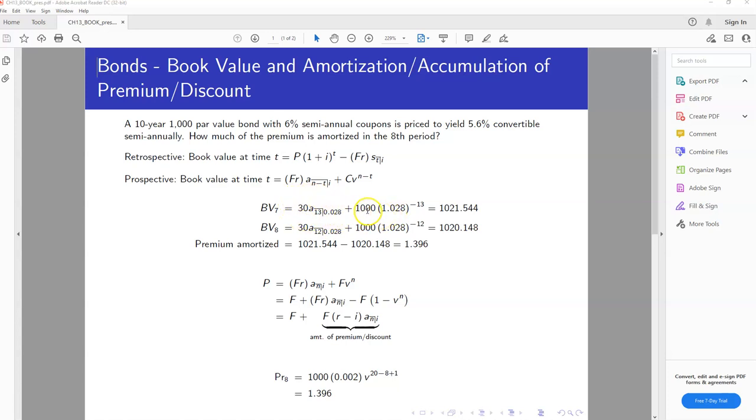And then we also have the $1,000 redemption value that we need to move back 13 periods to give us the value of the redemption value at time 7. That gives us a book value of $1021.54. Do the exact same thing for time 8. The only thing that changes is the number of periods remaining is 12 instead of 13. Notice the book value drops. So in some sense, you lose $1.40-ish in value going from time 7 to time 8.